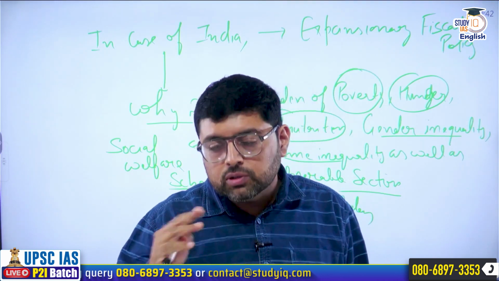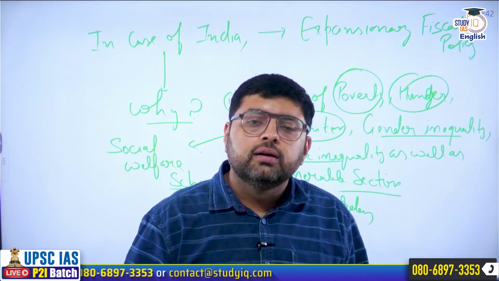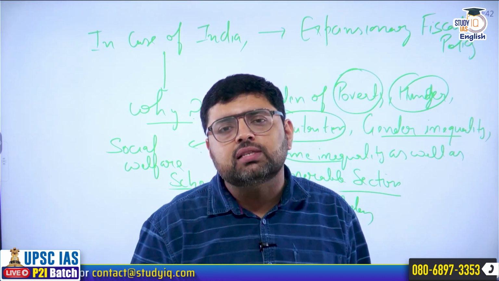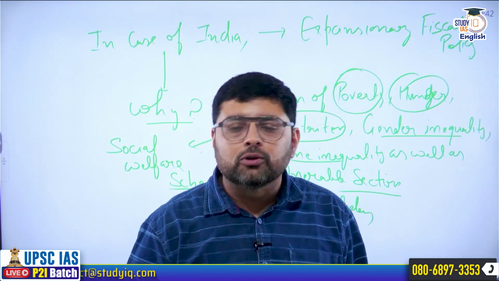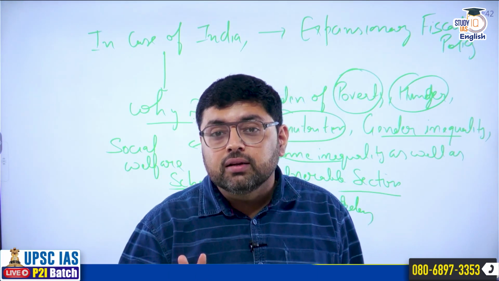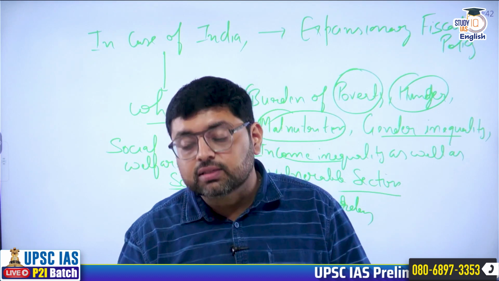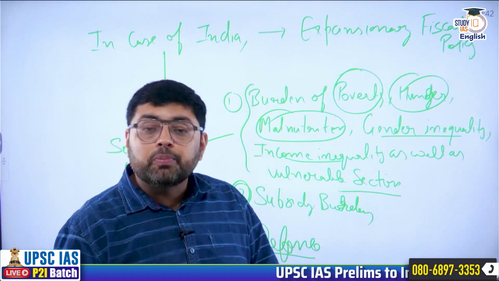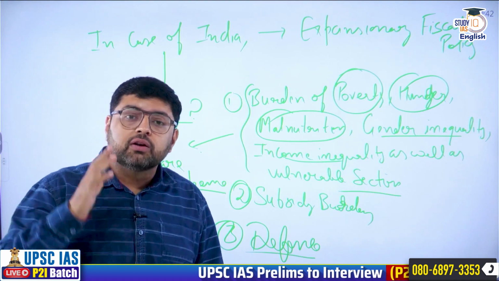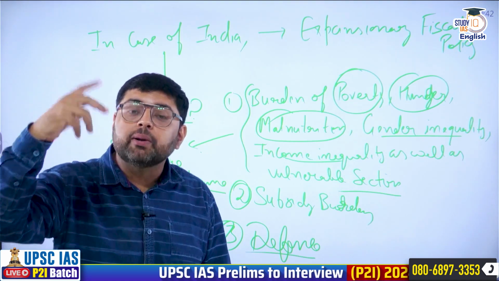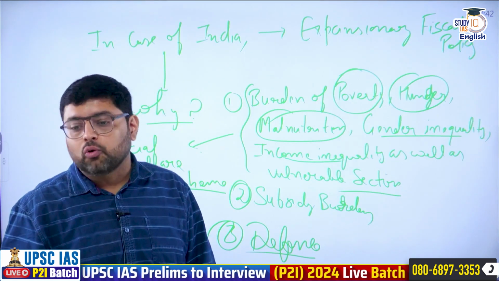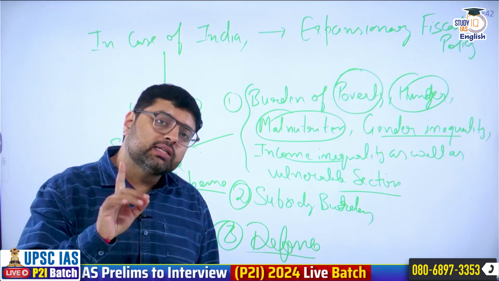So if before appearing in this exam you predict at least 25-30 questions out of 100, it means that much of your marks is secured. So start predicting. A bureaucrat is one who is visionary in nature, who can predict. It is not like, when it comes then we'll see. No, you have to change this.